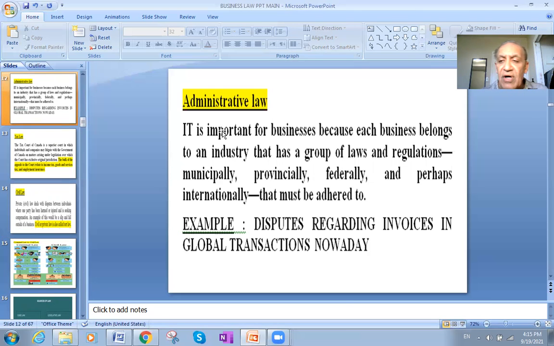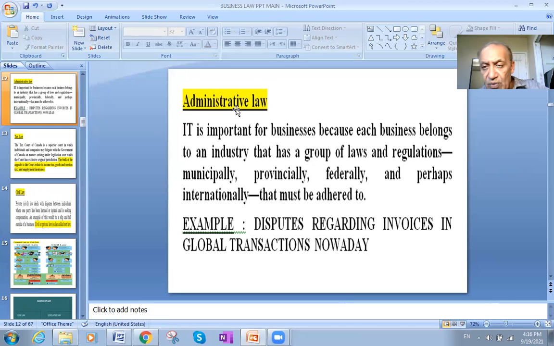The last kind of law, or not the last because we also have tort, is administrative law. Administrative law is regarding all the administration points in a country. It's important for a business because each business belongs to an industry that has a group of laws and regulations, municipally, provincially, federally, and perhaps internationally, that must be adhered to.